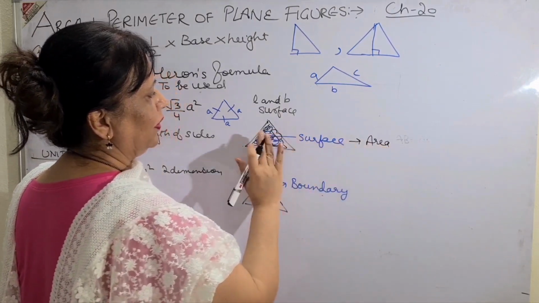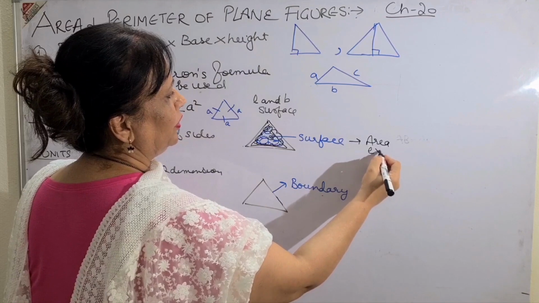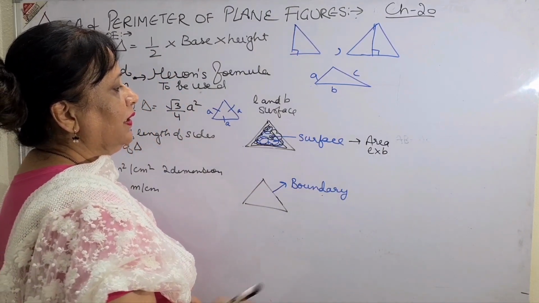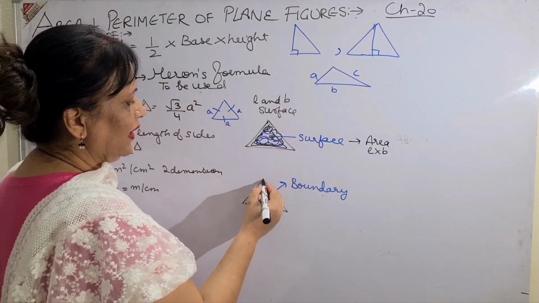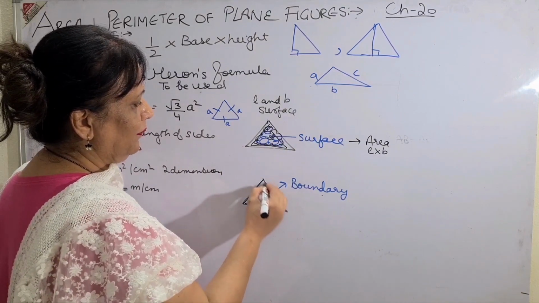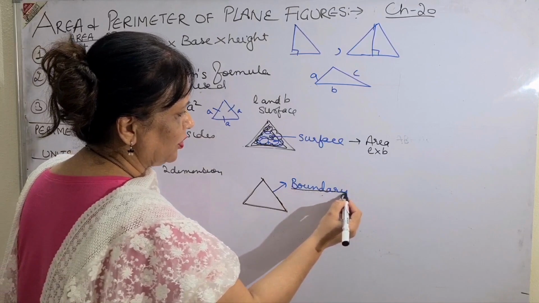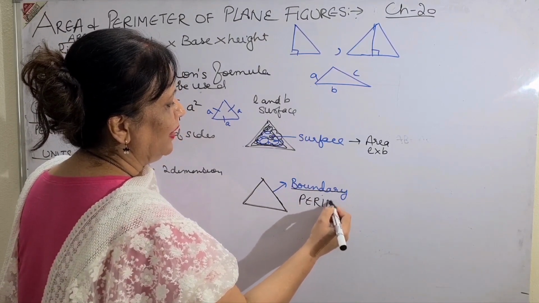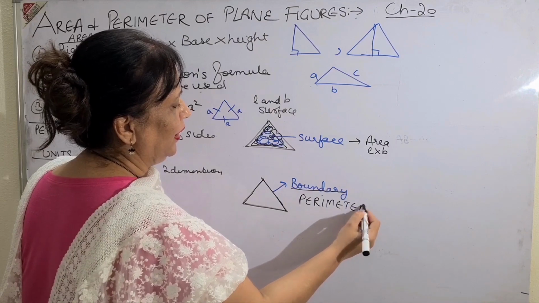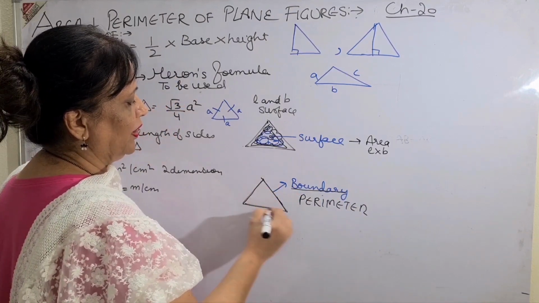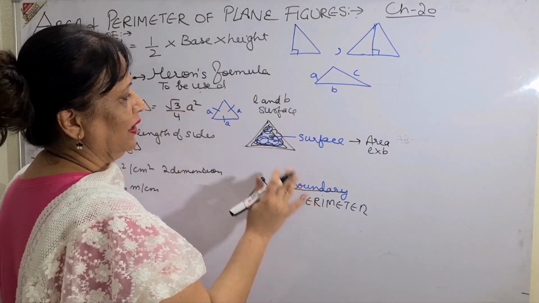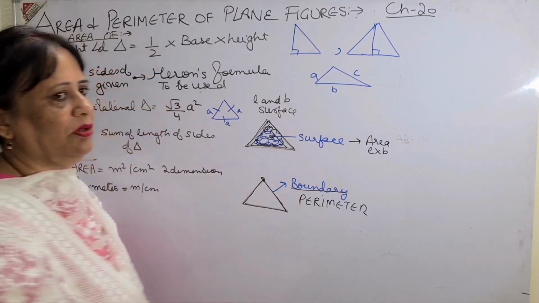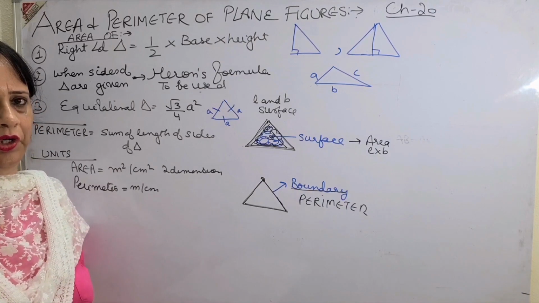Since I am talking about surface, it has two dimensions, length and breadth. This boundary must also be called something. This is said to be perimeter. Perimeter in short is the length of the boundary of the figure, any figure. It can be a triangle, a quadrilateral, a circle and so on.